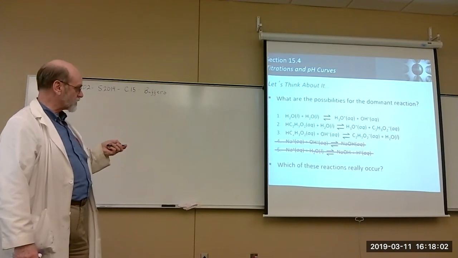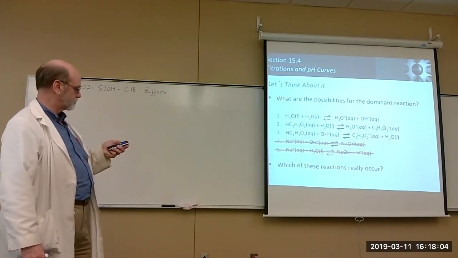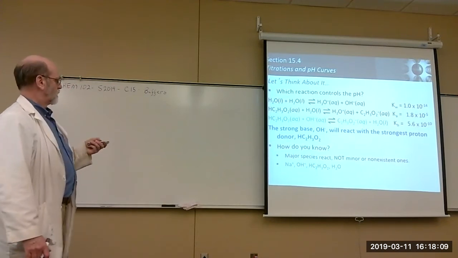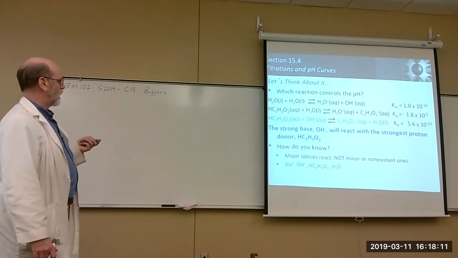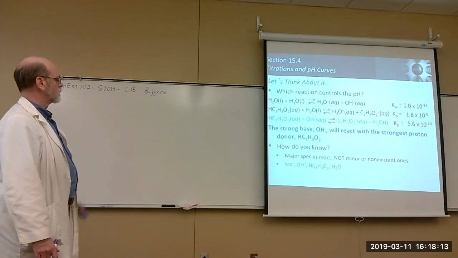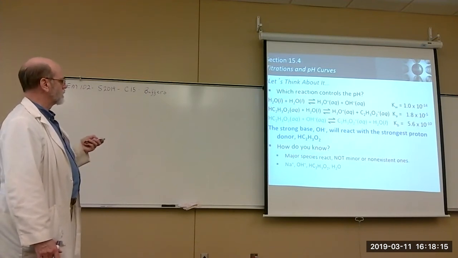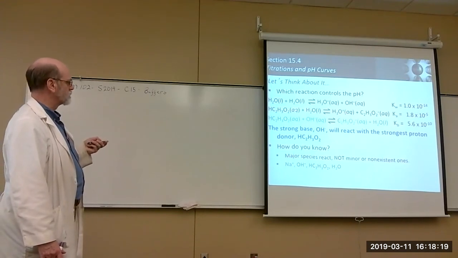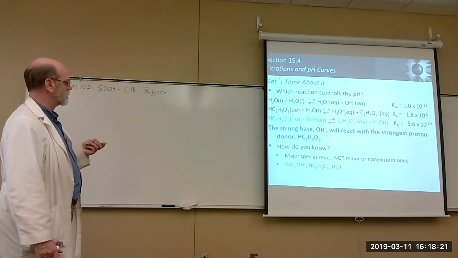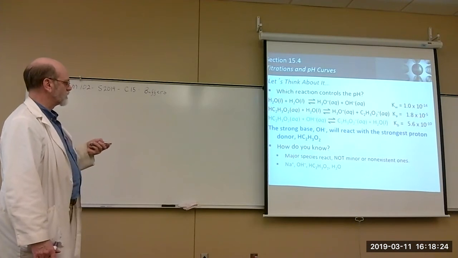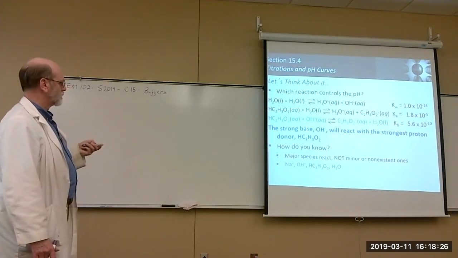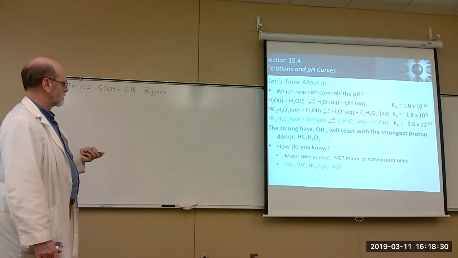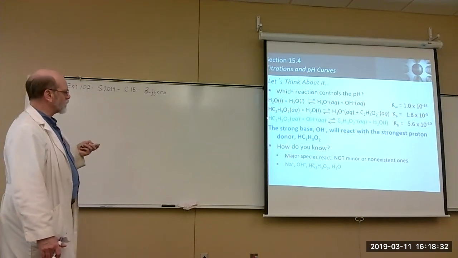So the controlling reaction is going to be this one. Right? No, excuse me. Which reaction controls? They're saying that this one does, with 10 to the minus 5, 10 to the minus 10.